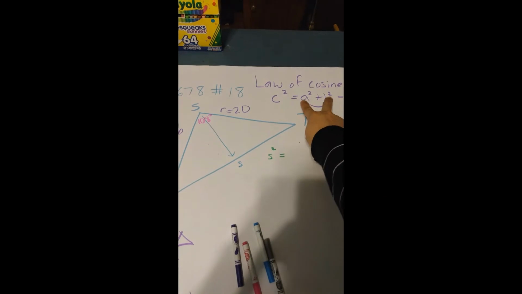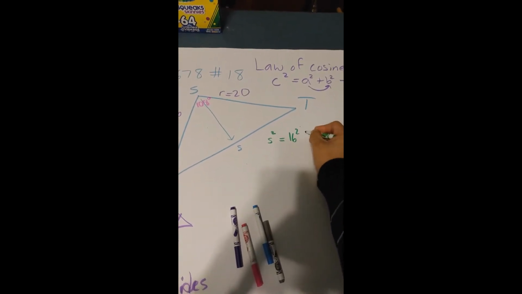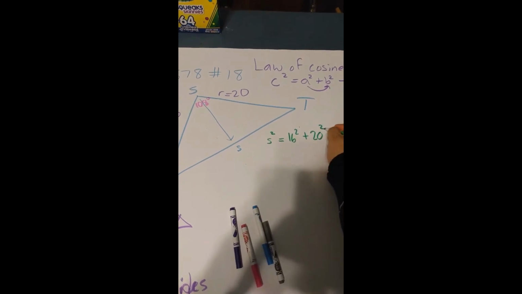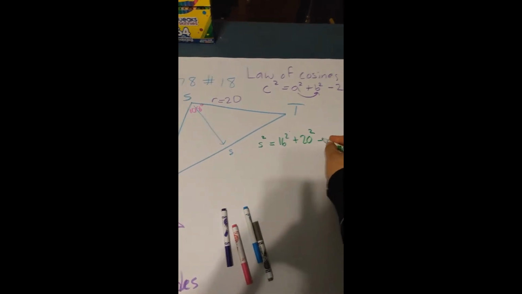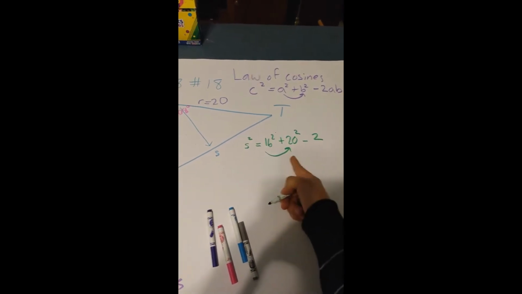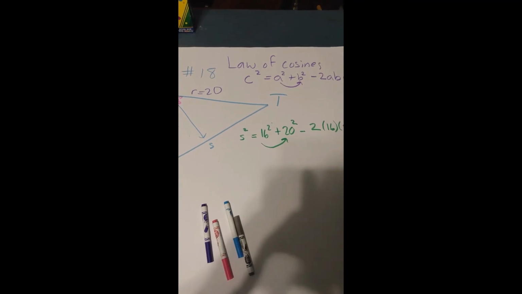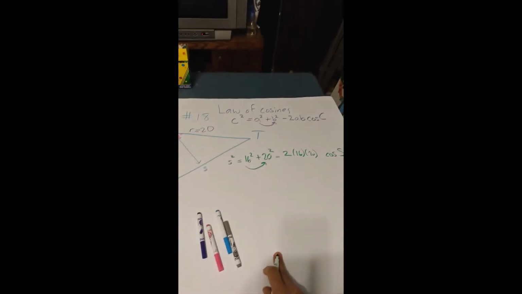So I'm going to go 16 squared plus 20 squared, minus 2 times my 16 and my 20, all multiplied out.